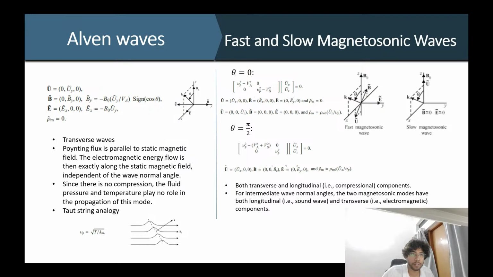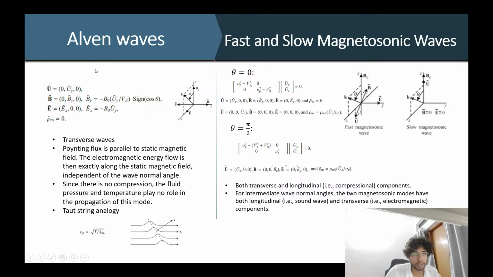So del cross B is del E del T, and then if you take the Fourier transform of that, yeah, or I think this is done from the ideal MHD condition only, because E is minus U cross B, and you have U in the Y direction, B naught is in the Z direction.